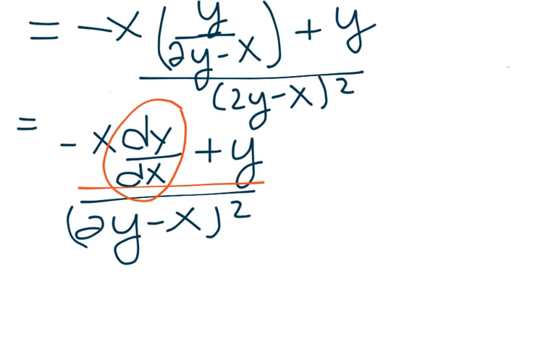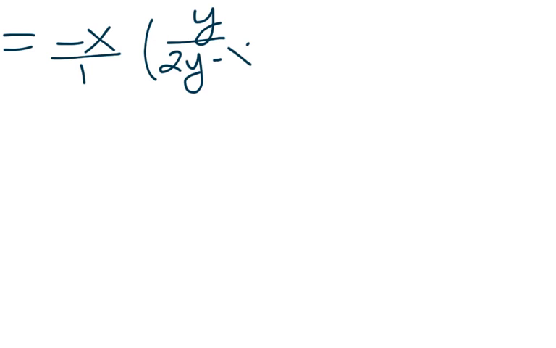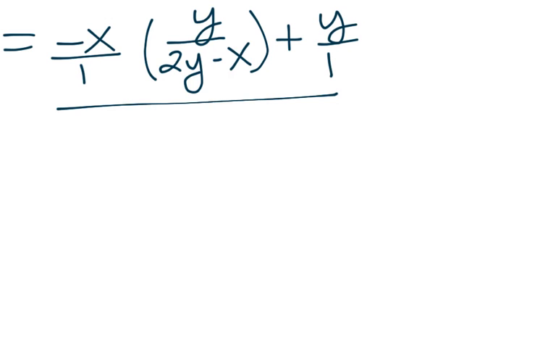Okay? So from this problem, we are now trying to add these two things. I'm going to use the next page to do so. To add them, you need to have the same denominator. So I'm just going to rewrite this as negative x over 1 times y over 2y minus x, plus y over 1, over (2y minus x) squared.